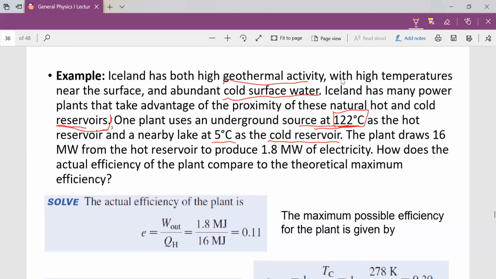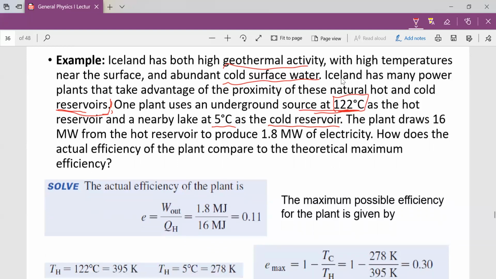That's the operation of the plant. The hot reservoir is the source, and the cold reservoir is the lake, which is one of the examples we saw. It can be an ocean or a bath of cold water.